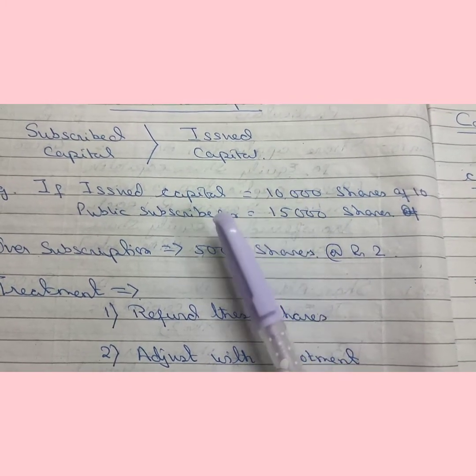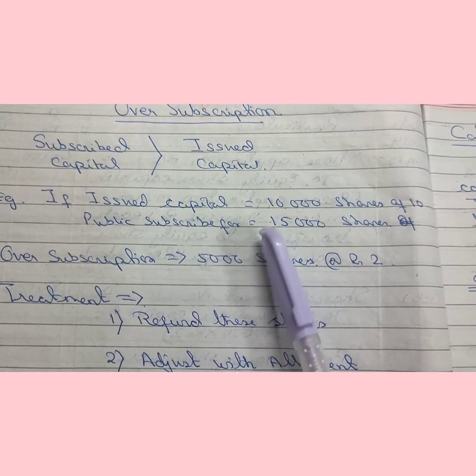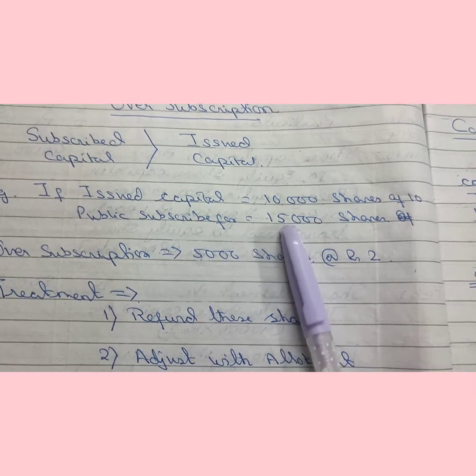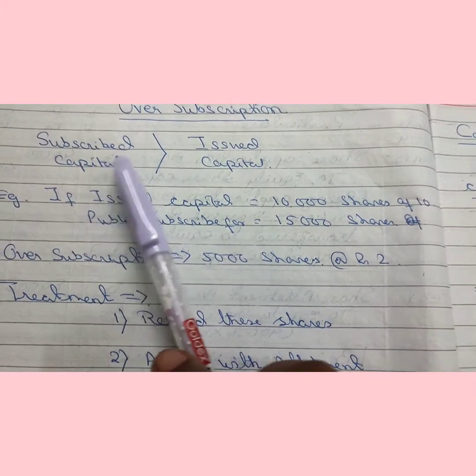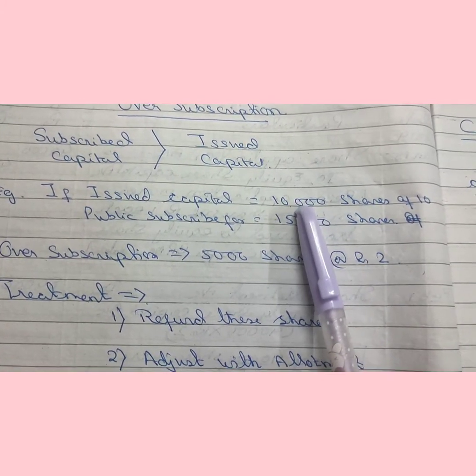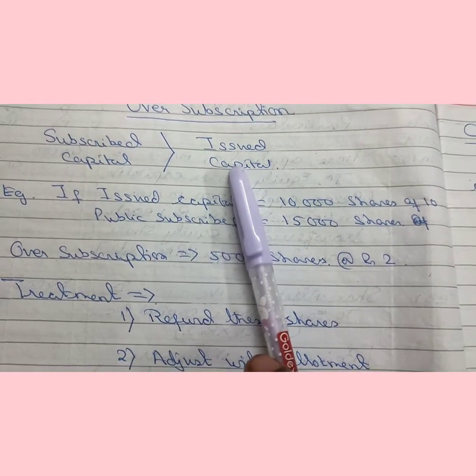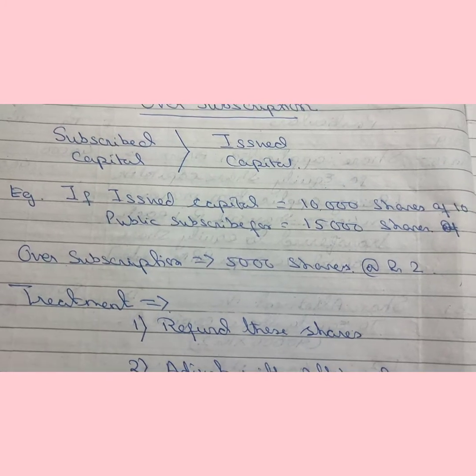In this case, we can say that the public subscribed for more shares, so it is oversubscription of shares. Here, subscribed shares are greater than issued shares. 15,000 is more than 10,000. Then it is called oversubscription of shares.